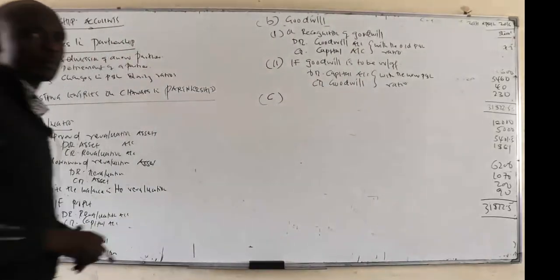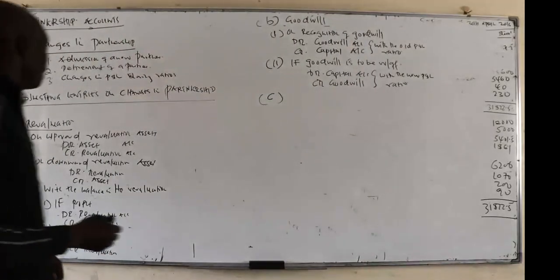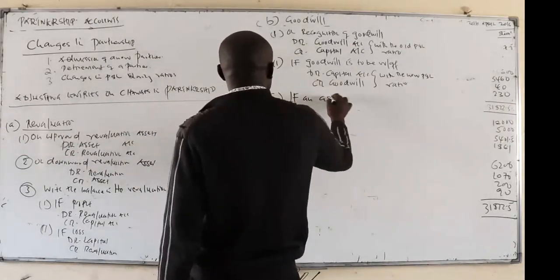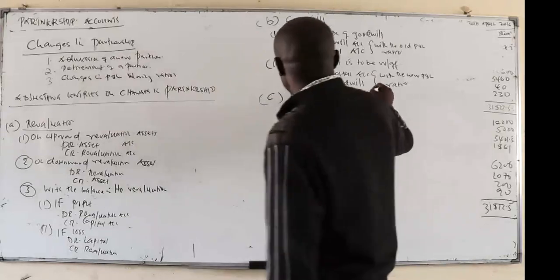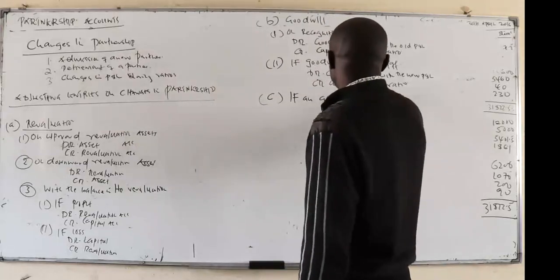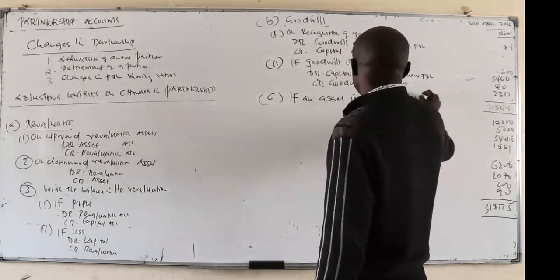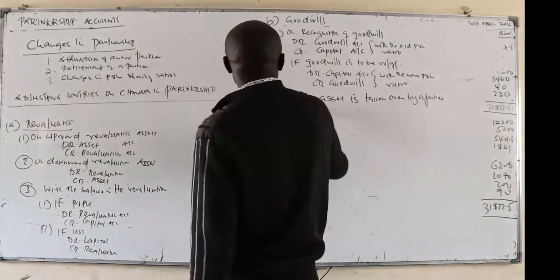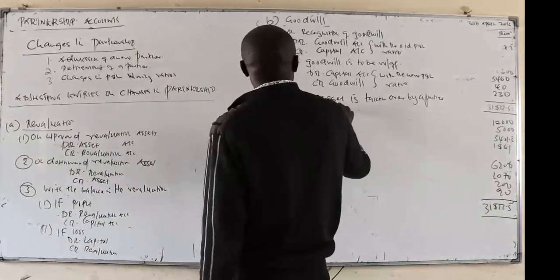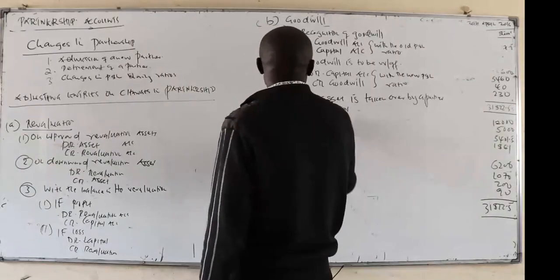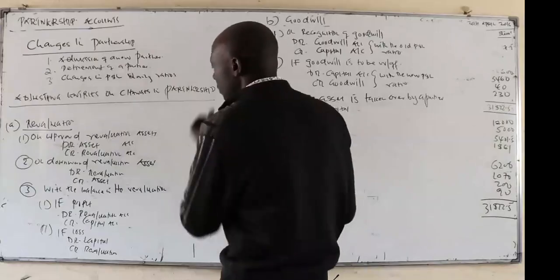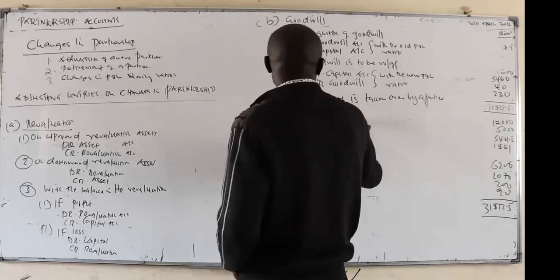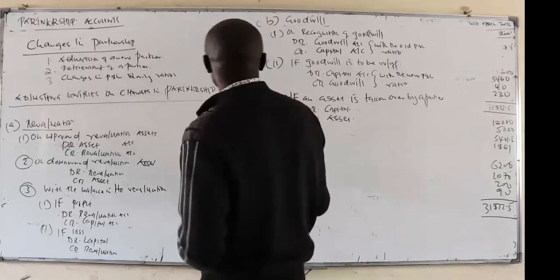C, if an asset is taken over by a partner, you debit capital account and you credit asset account.